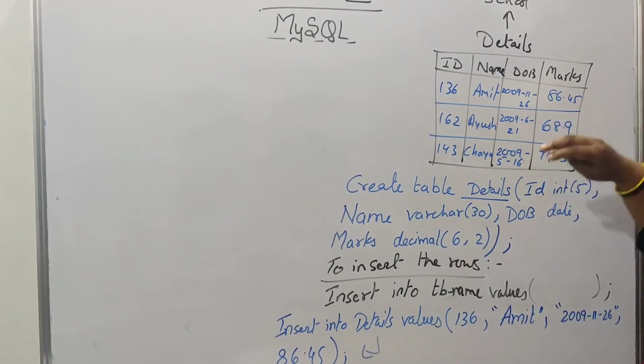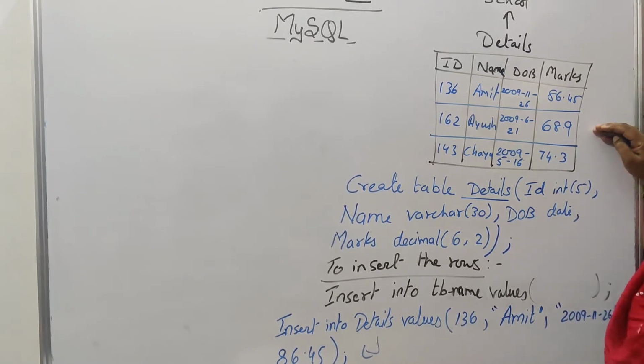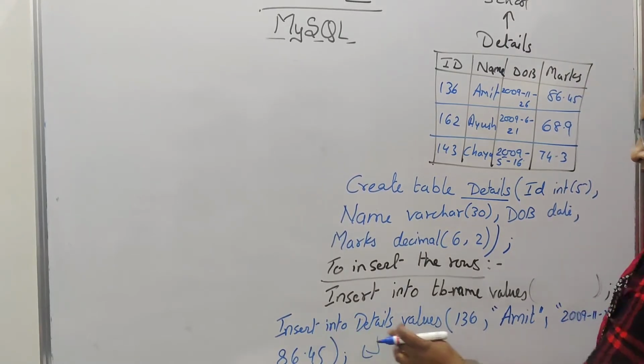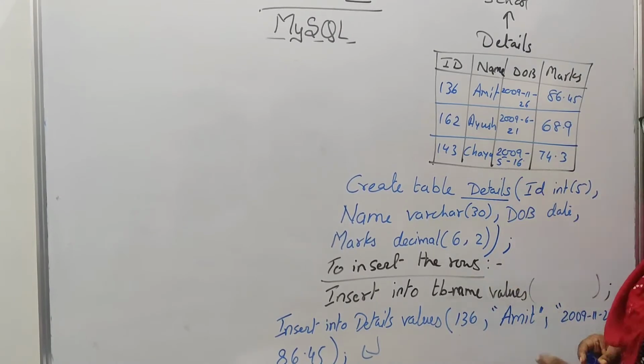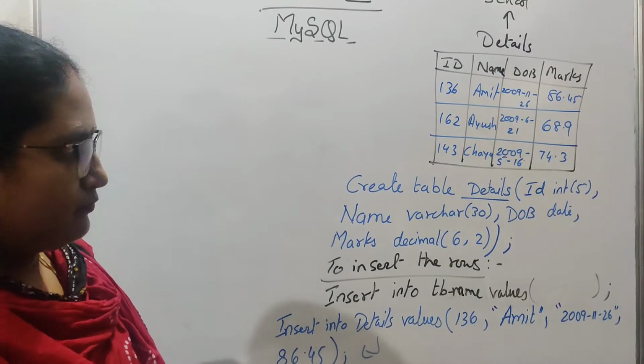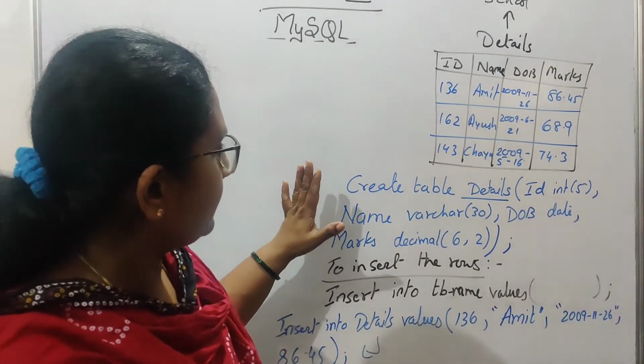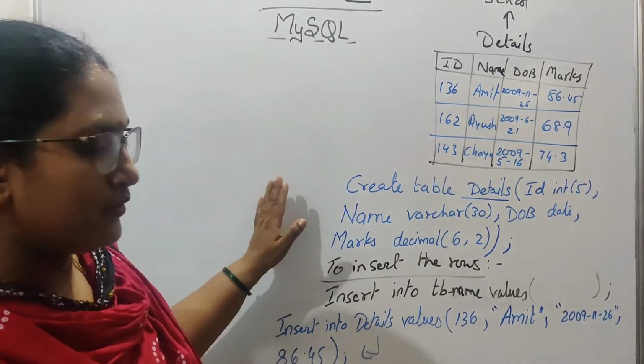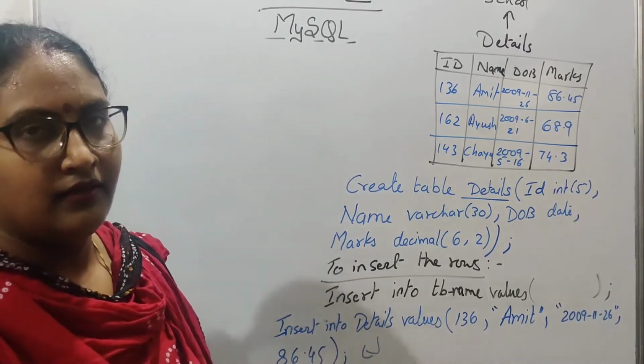So first row we have inserted. Similarly, you have to insert the second row also like this in the same format. Third row also you have to insert. Now you have created a table and you have inserted the values.